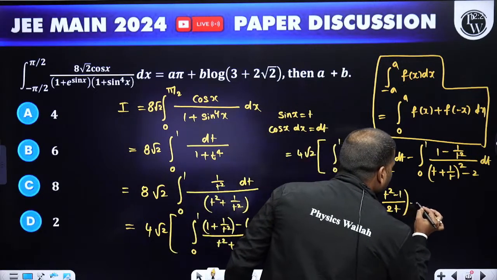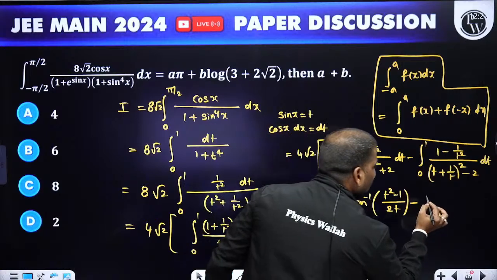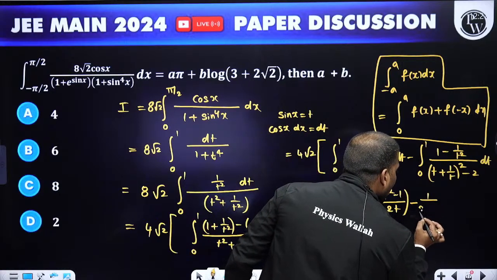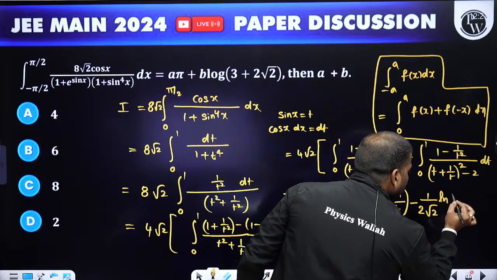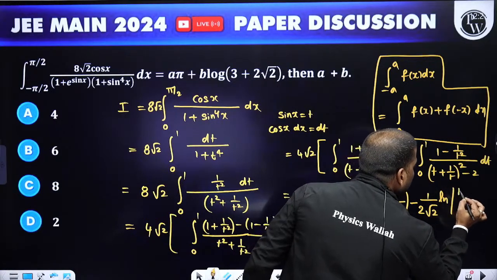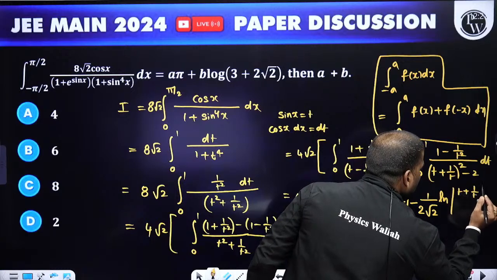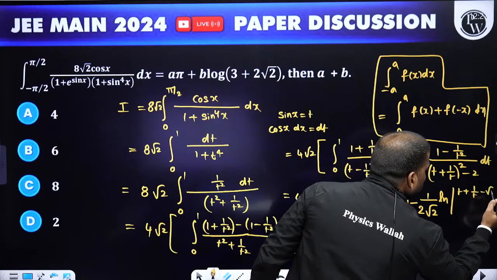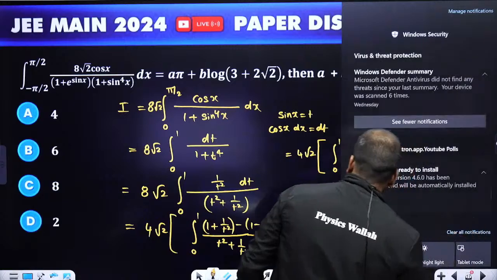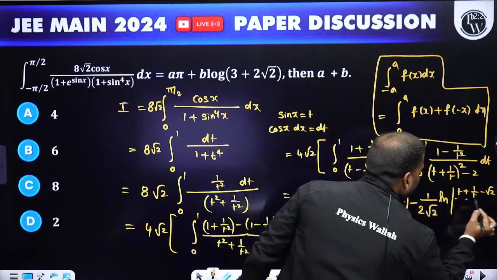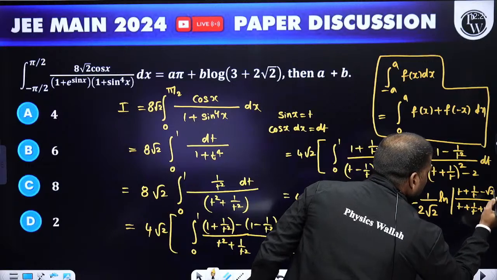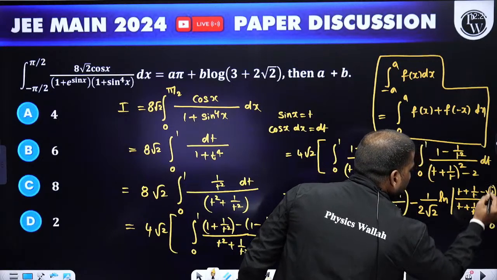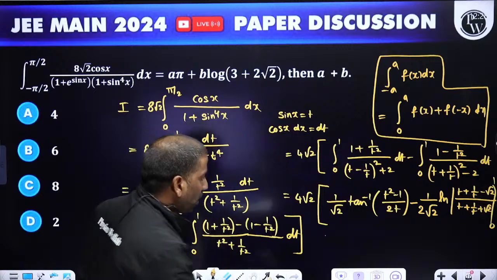Coming to the second part, x square minus a square, that formula is 1 by 2a, so 2a means 2 root 2, ln of t plus 1 by t minus root 2 by t plus 1 by t plus root 2. Limits 0 to 1. So that's what we need to apply.